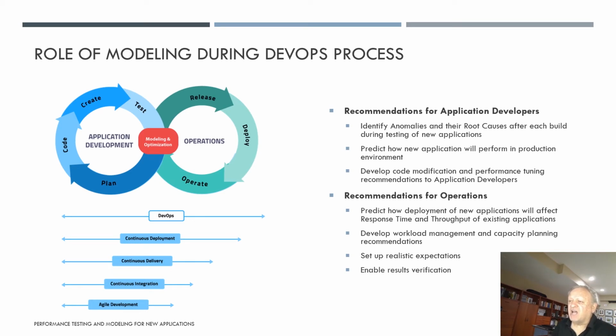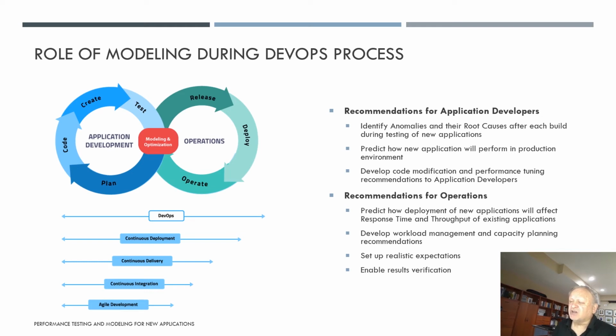We use results of performance testing as input to our model in order to evaluate different scenarios, predict how the new application will perform in the production environment, identify anomalies and root causes, and develop proactive recommendations on what should be tuned right away.